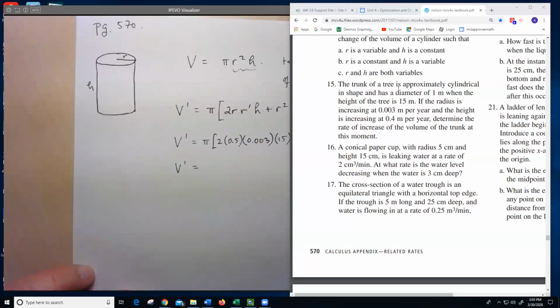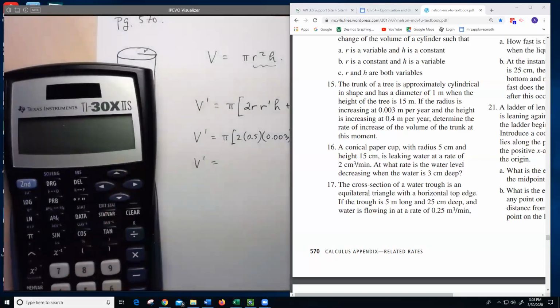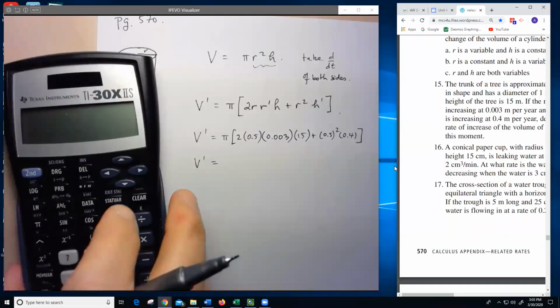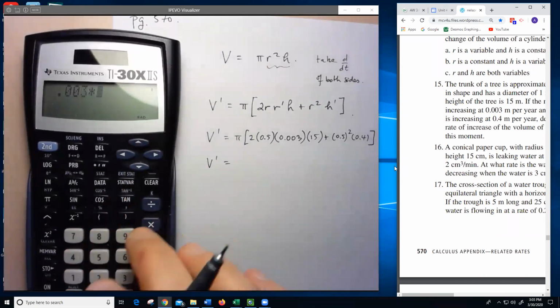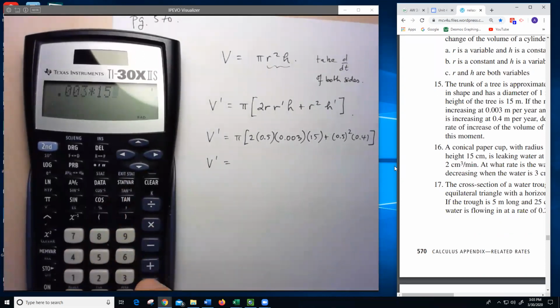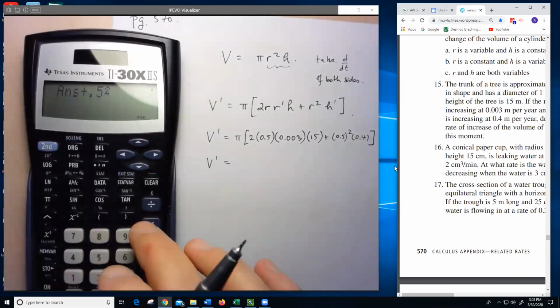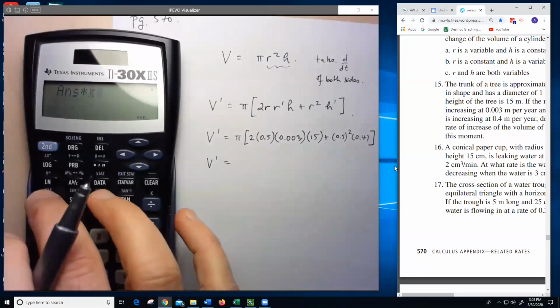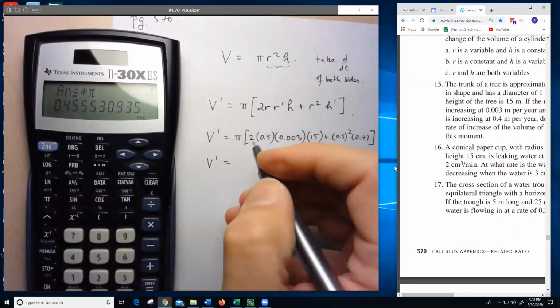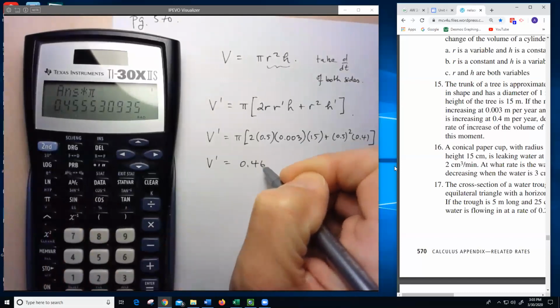Now let's stick this into our calculator. 2 times 0.5 is just 1, so 0.003 times 15 plus 0.5 squared times 0.4, and then all that times pi, and it looks like we've got 0.46.